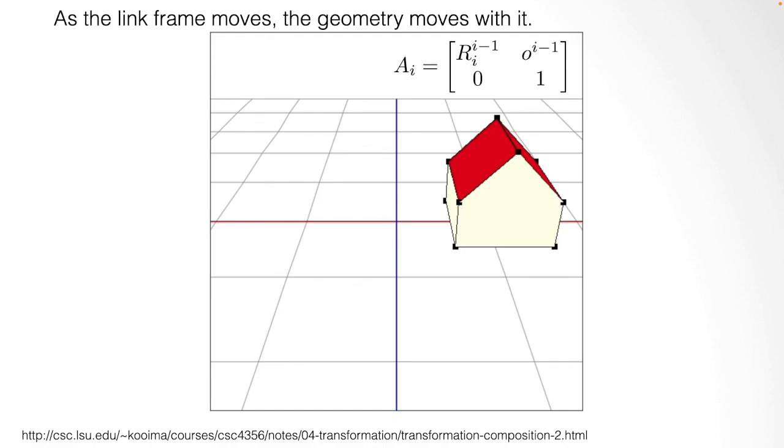The translation is shown by the fact that the entire link is offset from the global origin, and the rotation that we saw was illustrating this idea that we can rotate the vertices in order to rotate the corresponding geometry.